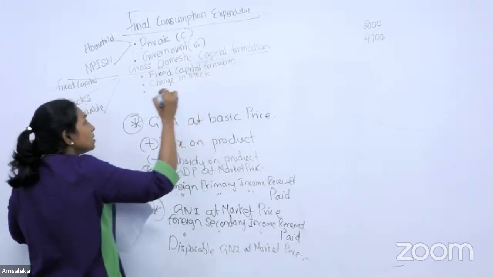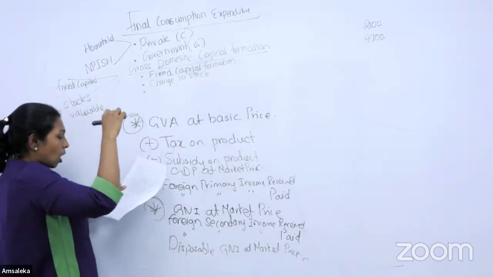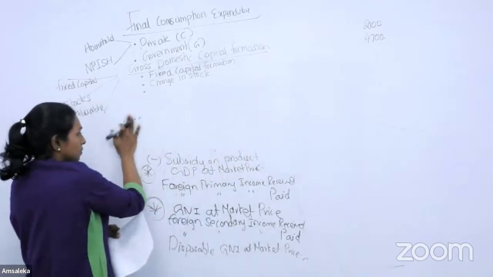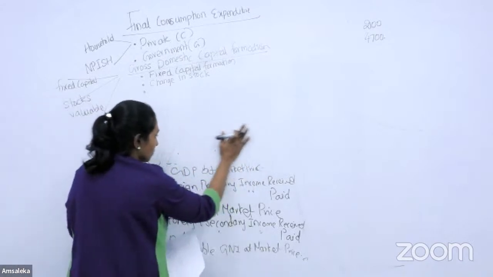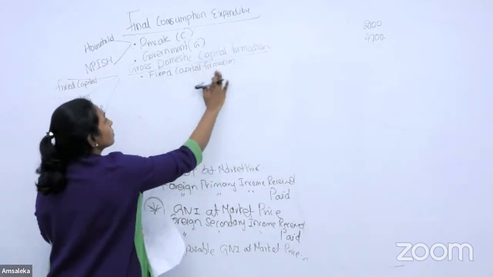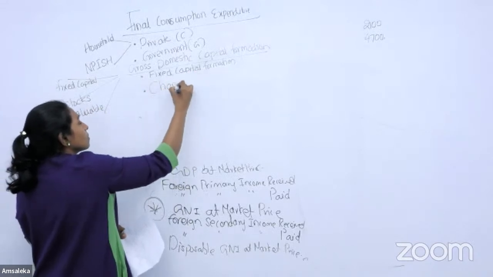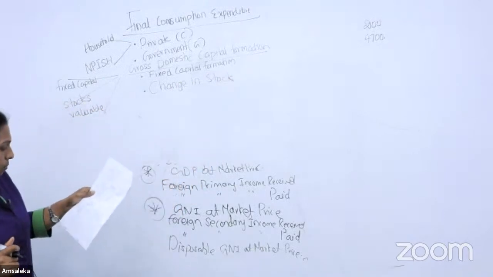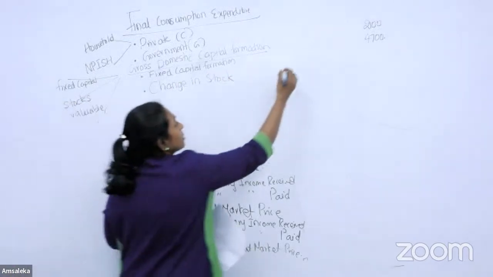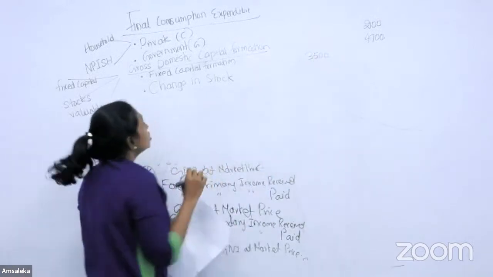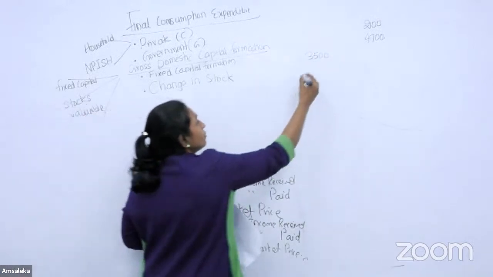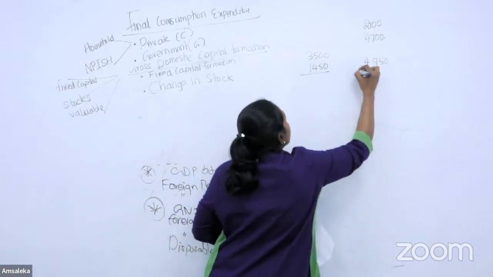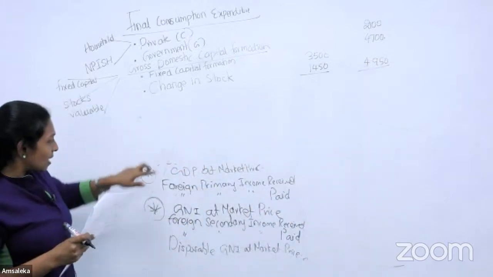Therefore, no problem. Fixed capital formation is 3,500. Change in stock is given as 1,450. So we add them and get 4,950.